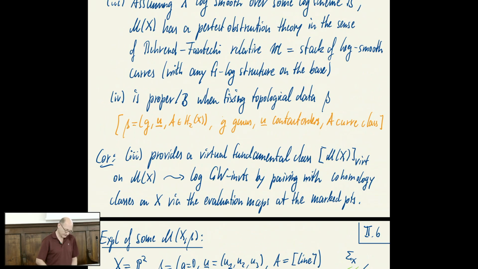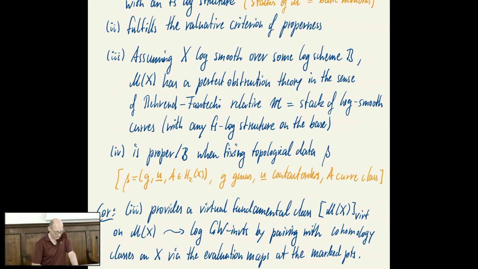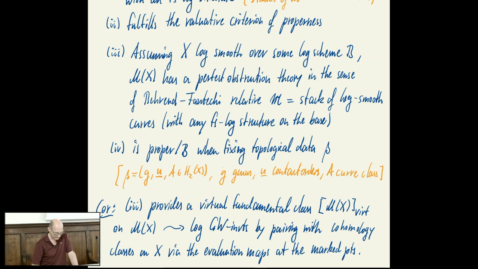Okay, so as a corollary, you get log Gromov-Witten invariants. First you get a virtual fundamental class, some element in the Chow groups of the moduli space, that you can then integrate against, just as in ordinary Gromov-Witten theory, pullbacks of cohomology classes from products of X. You have an evaluation map, you get a bunch of marked points, they evaluate to X, you can pull back and then integrate or pair with this virtual fundamental class.